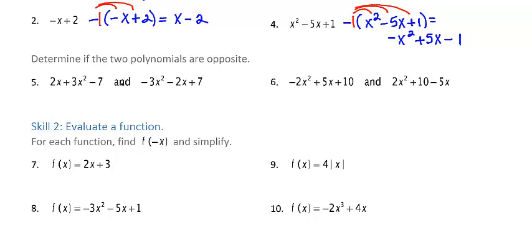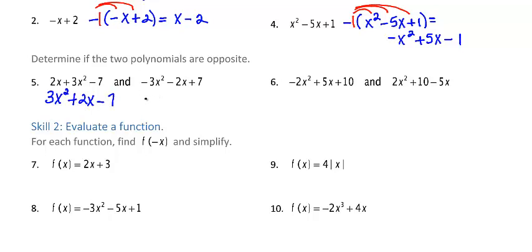It would be helpful first to write each polynomial in standard form. So in number 5 we have 2x plus 3x squared minus 7. We want to compare that to negative 3x squared minus 2x plus 7. If we write the first polynomial in standard form, that becomes 3x squared plus 2x minus 7.